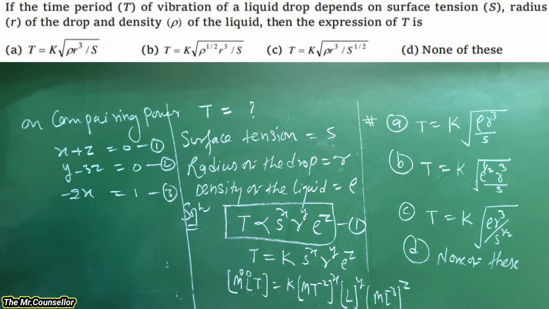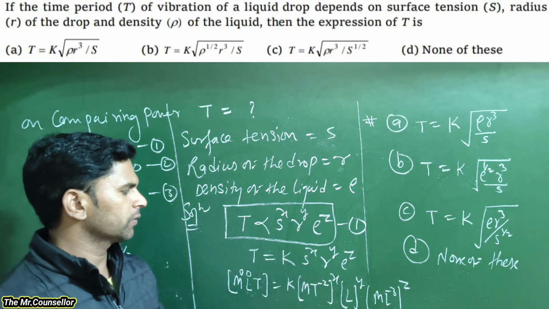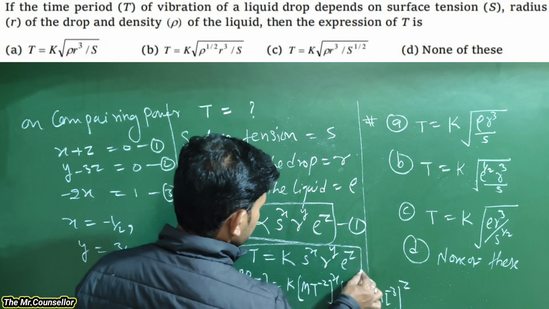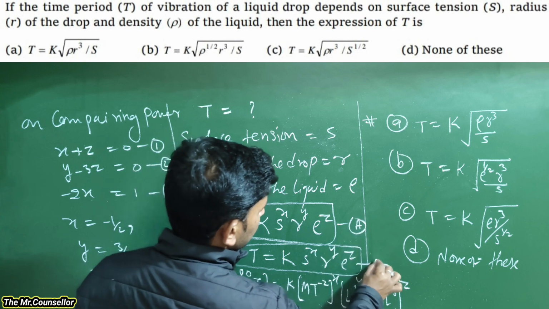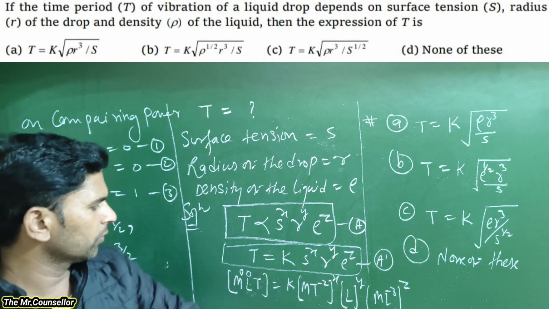After solving, you will get x equal to minus 1/2, y equal to 3/2, and z equal to 1/2. After substituting these values in this equation, you can give the equations names too, equation A and A dash, whatever you like.